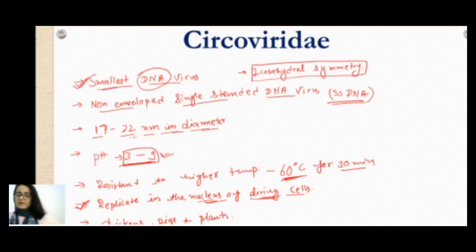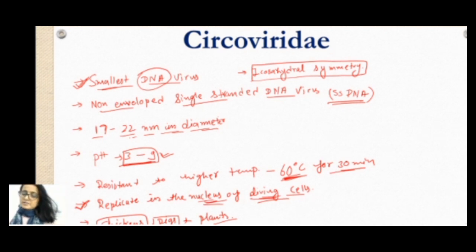They are resistant to high temperature, 60 degrees centigrade for 30 minutes. These circoviruses replicate in the nucleus of dividing cells. Mostly circoviruses infect chickens, pigs, and plants. So chicken and pig diseases are important in the Circoviridae family, along with the symmetry of the family.